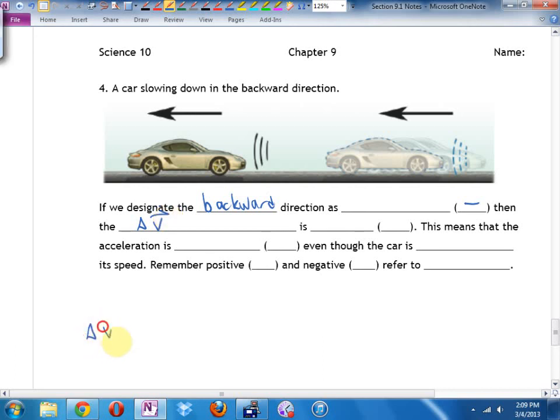I know that change in anything is equal to final minus initial. Let's make up an initial velocity of negative 10 meters per second. In front of it, there would be a minus, because change in anything is final minus initial.